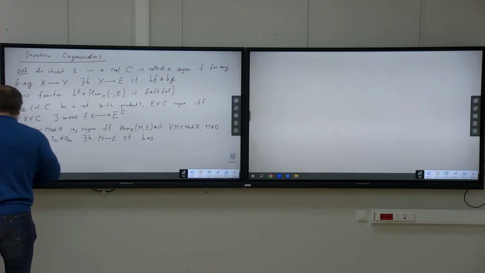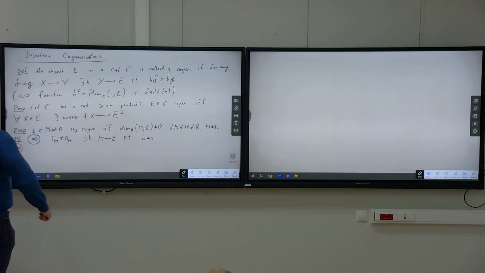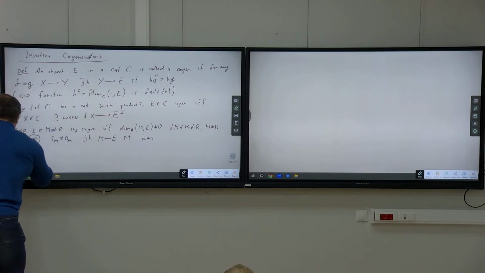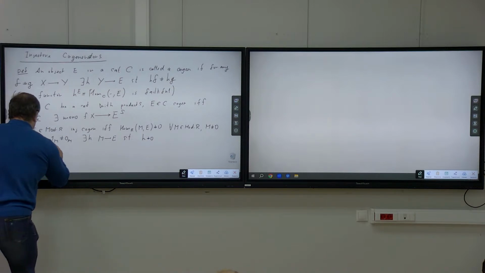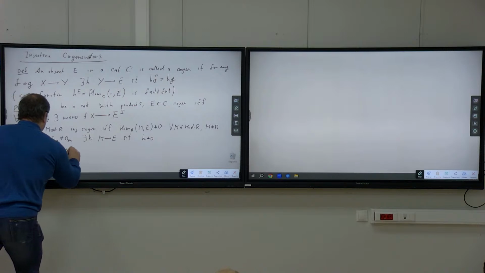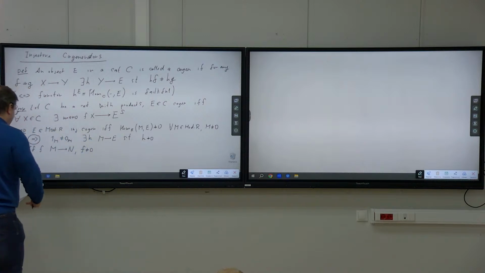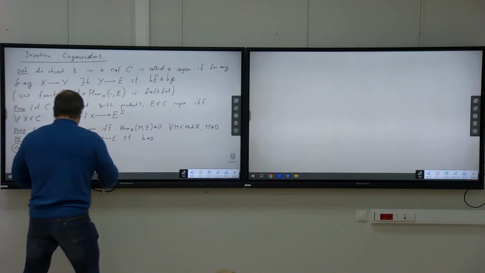Again, I'm going to check this definition, but I'm going to take one of these maps, f or g, to be equal to zero. This is without loss of generality, I can do this. So if f is a map from M to N, and this map is not equal to zero, I need to find another map h such that the composition is not equal to zero.